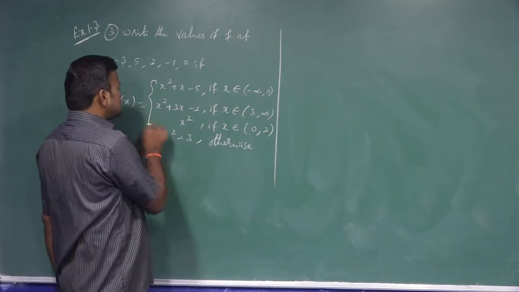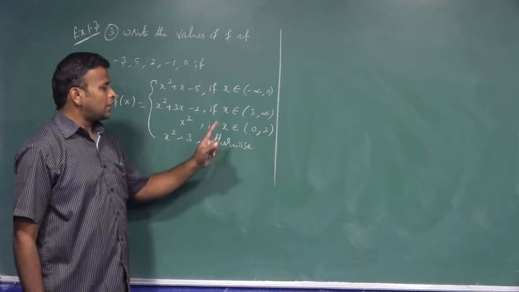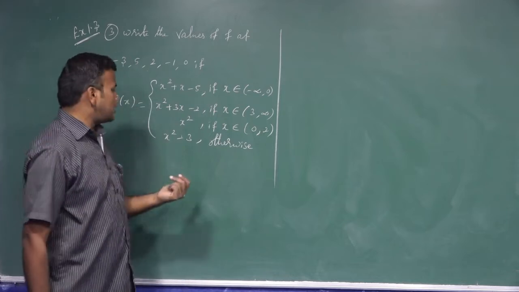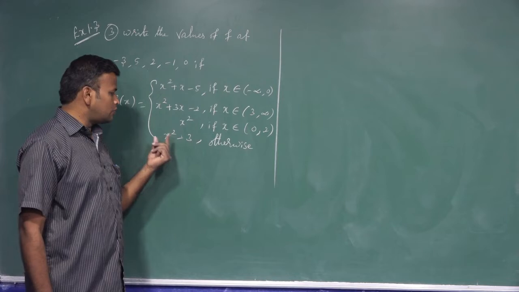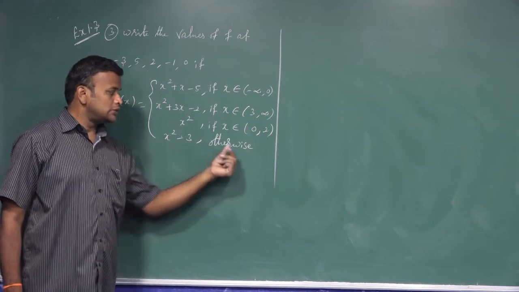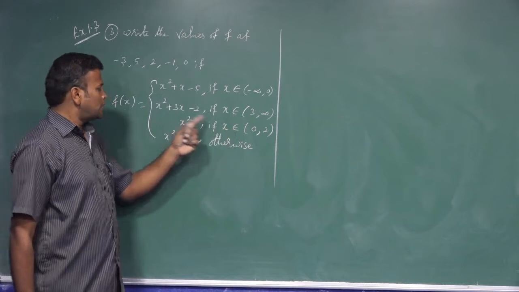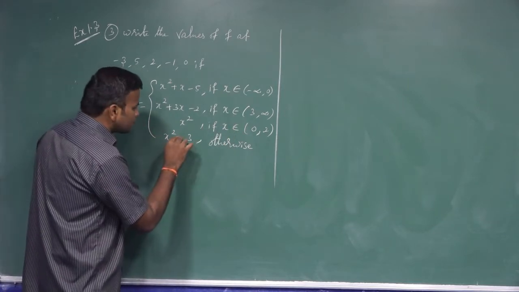And f of x is just x square when the value of x belongs to 0, 2. And f of x is x square minus 3 otherwise, where otherwise means except these three cases, for other values f of x is defined as x square minus 3.